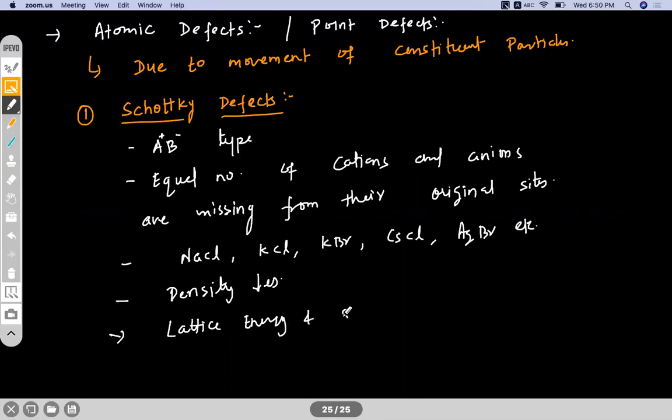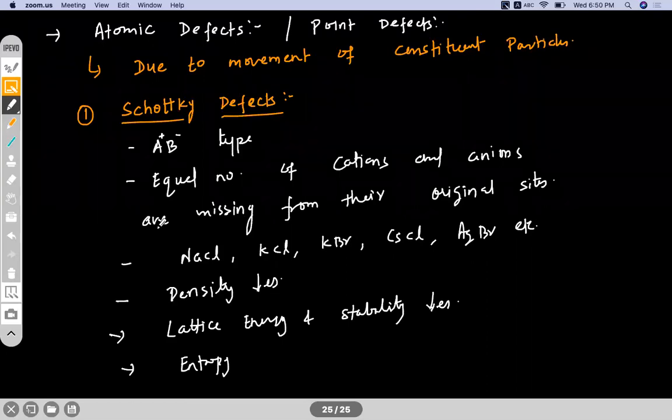Entropy increases, because the disorderness is increasing. It was an ordered arrangement; defects are all about disordered arrangement. So property-based questions they have asked in this, Schottky defect. Examples and property-based questions.